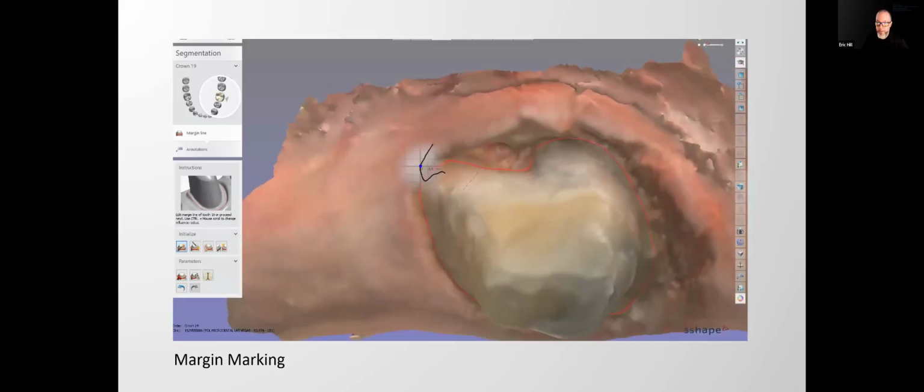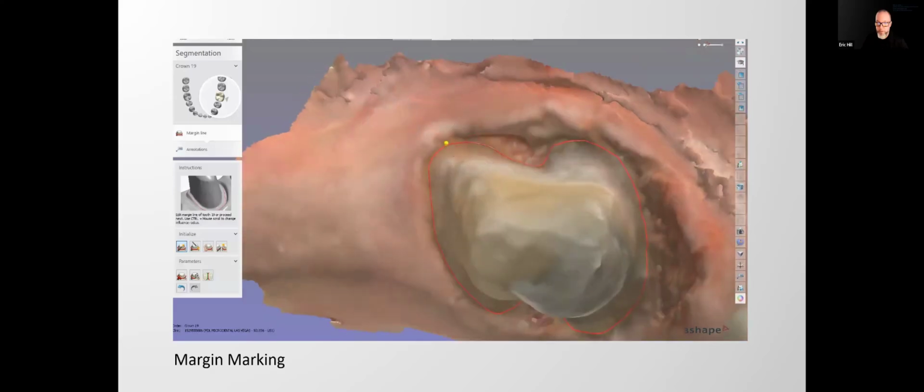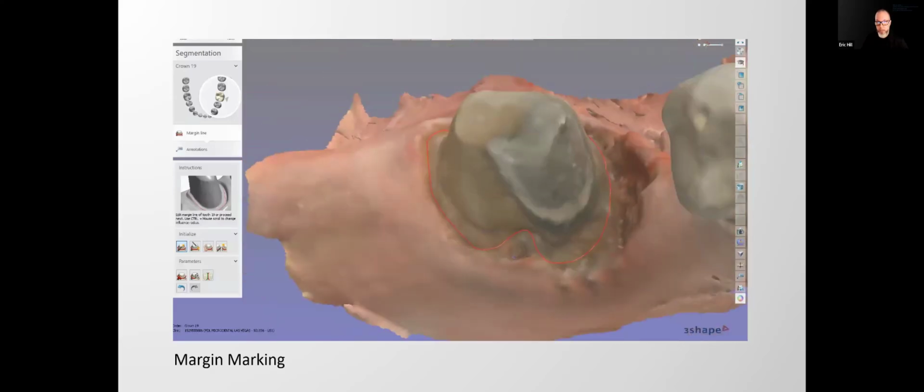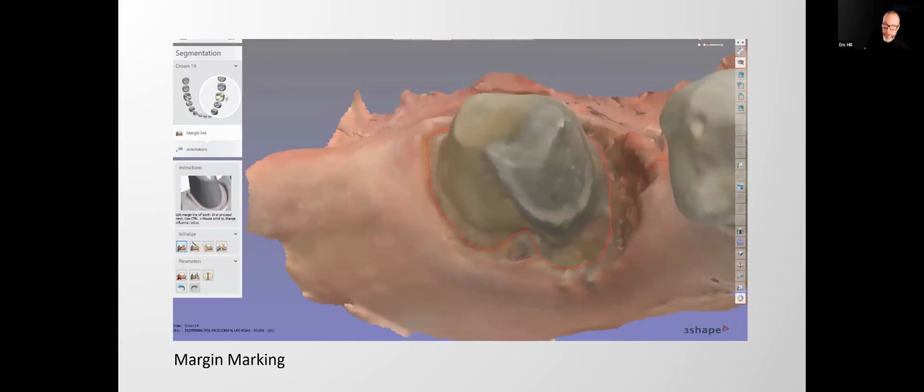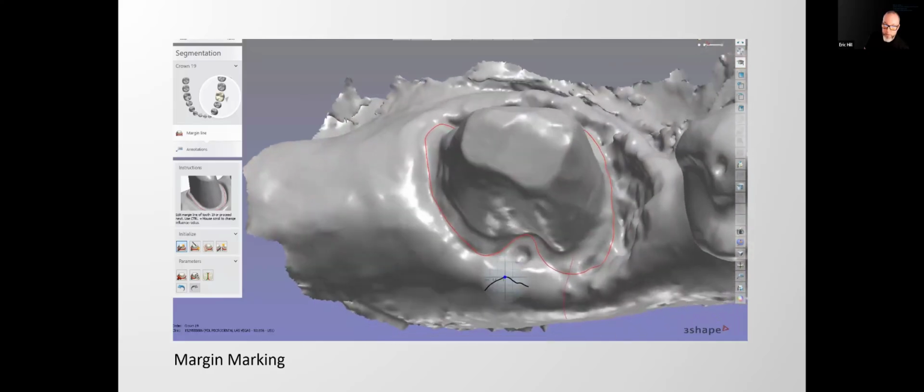So odds are they're going to figure out where that margin is mostly better than an office is going to figure it out, unless there's some really difficult things going on. So if you're doing this regularly and you're marking the margins, I would say you would probably be better spending your time trying to evacuate the tissue a little bit and getting better scans, because you're most definitely going to get a better result on the lab side because of that.